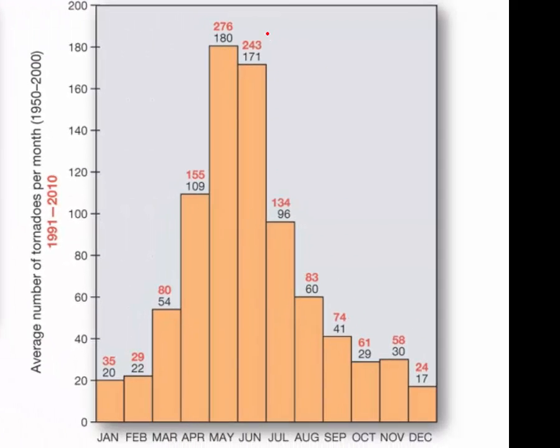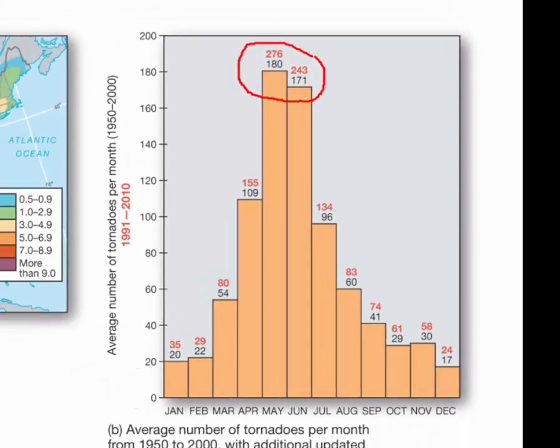The most common months for tornadoes are May and June, and the destruction can be significant. A very large tornado on the EF scale, an F5 or an EF5, can not only rip a house from its foundation, but can pull the sidewalks clear out of the ground.